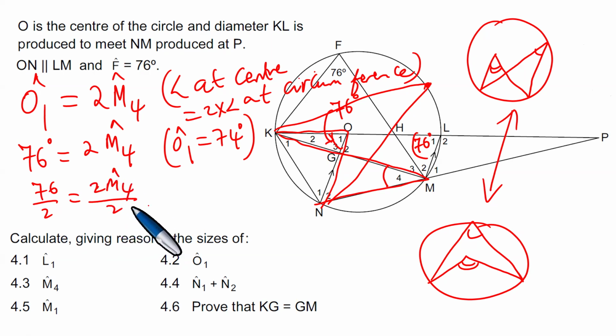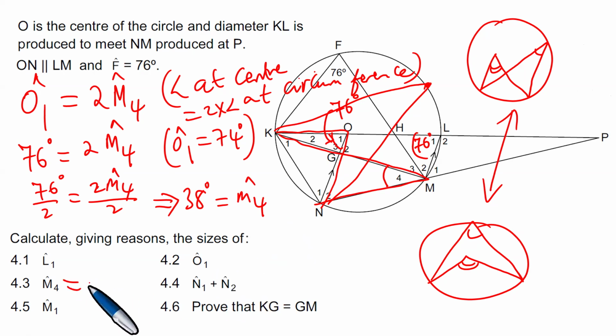You divide by 2, and what is the answer? What is 76 degrees divided by 2? 38. It is 38 degrees. Thank you so much. Well done. So that is the angle M4. We can see that the angle M4 is actually 38 degrees.